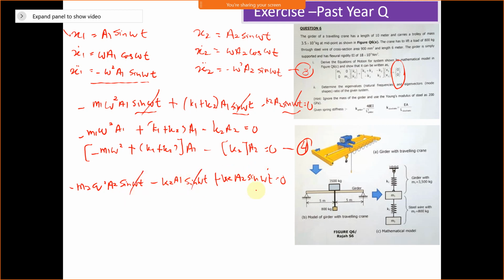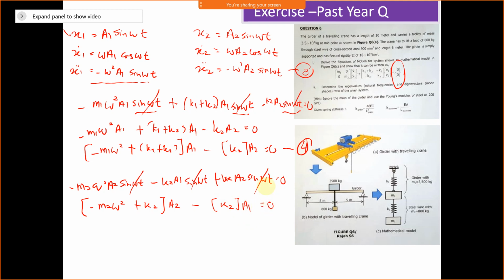So cancel out sin omega t. Apa yang tinggal kita hanya ada negative m2 omega square plus k2 A2 minus k2 A1 equals to 0.